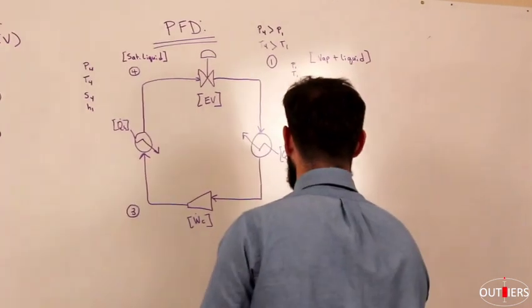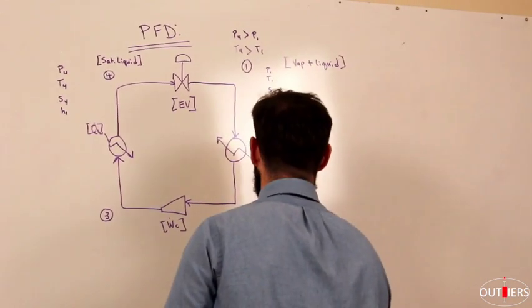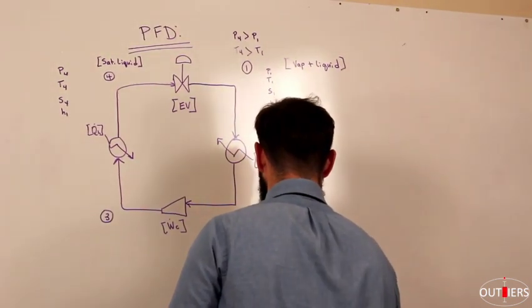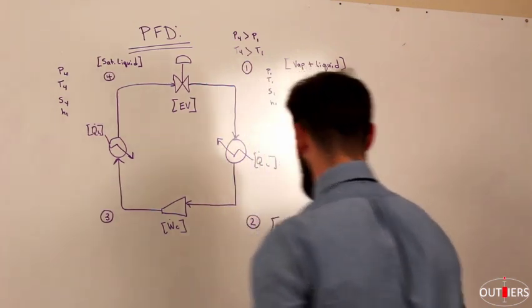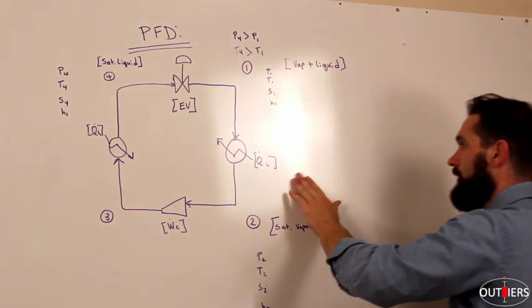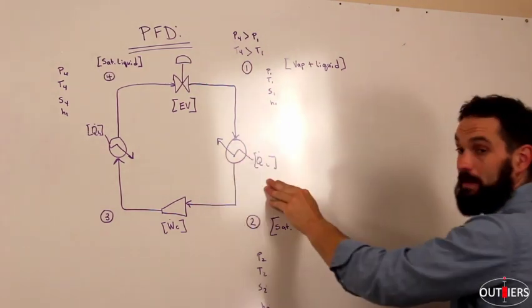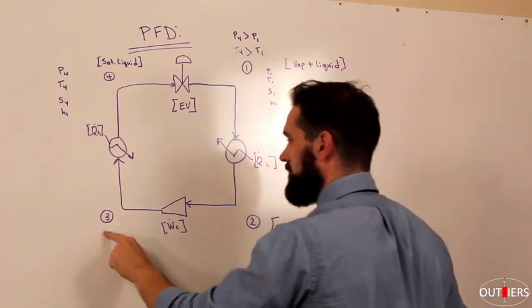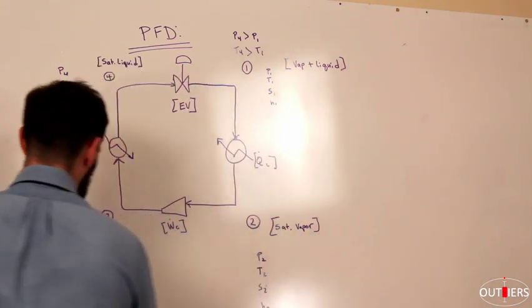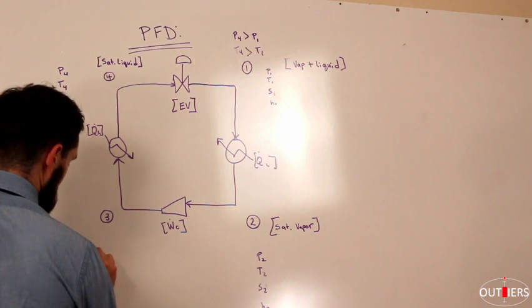We'll also have a state here of pressure 2, temperature 2, entropy 2, and enthalpy 2. All we've done in this evaporator is basically pick up heat. Now, going from state 2 to state 3, let's write out all of our state functions we've been looking at.